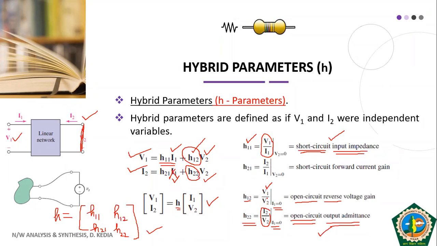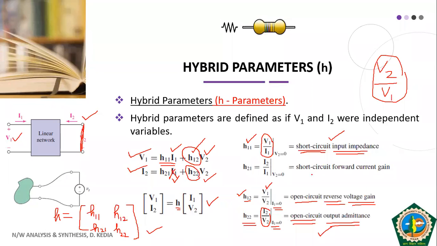And since it is the ratio of the two voltages, that is V1 upon V2, we call it voltage gain. Why are we calling it reverse voltage gain? Because it is input voltage upon output voltage. Normally, the gain equation we define like this: output voltage upon input voltage. This is how we define our voltage gain. Now, since here we are defining it as V1 upon V2, that's why we call it reverse voltage gain. So that is your third parameter, H12, open circuit reverse voltage gain.